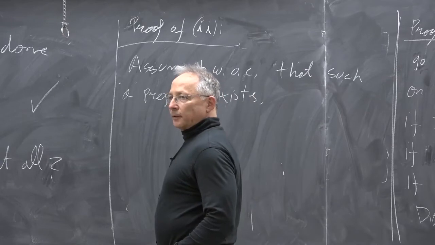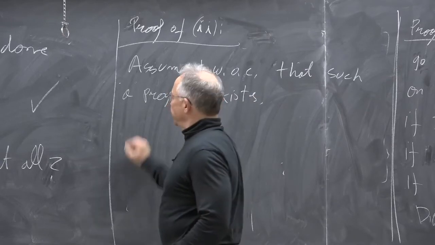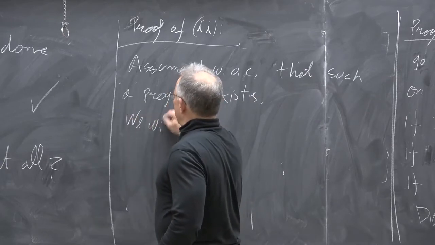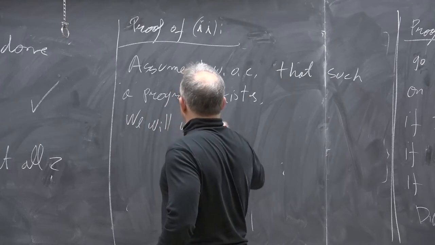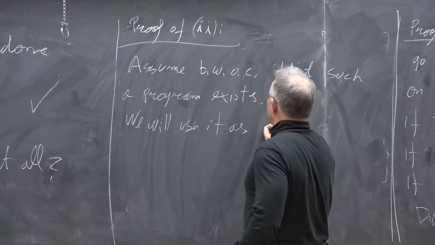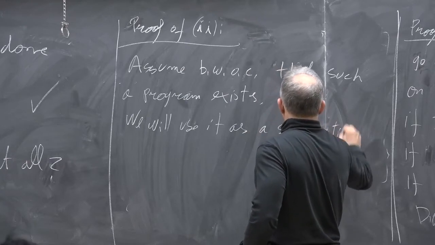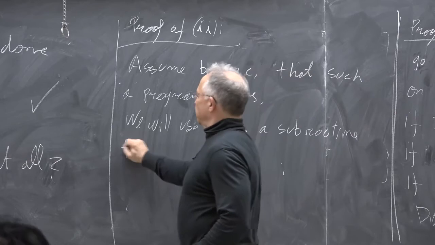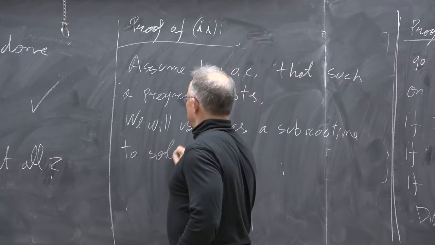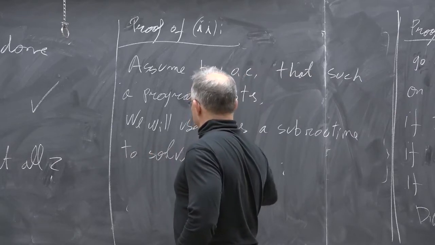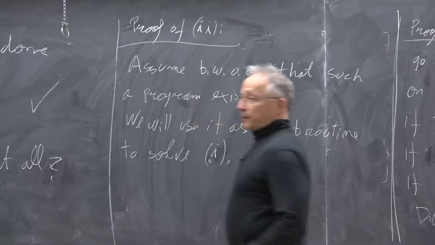And the trick is that we will use it as a subroutine to solve 1, which we already know cannot be solved.